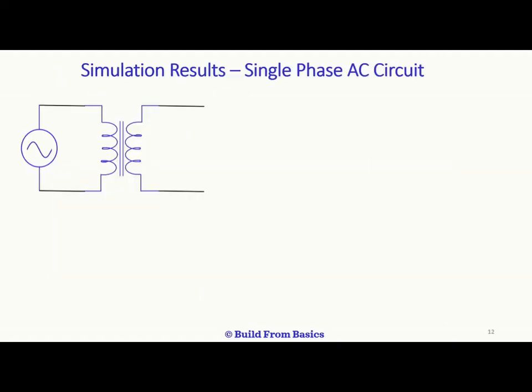Now let's do some simulations. So far we have discussed the theory behind the circuit elements. I'll show you a simple simulation to understand these three circuit elements: resistor, inductor and capacitor, and show you that there is always RMS current flowing between the source and the load, irrespective of the type of load.